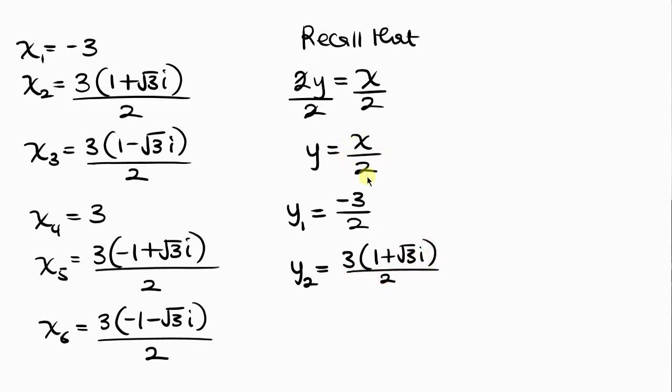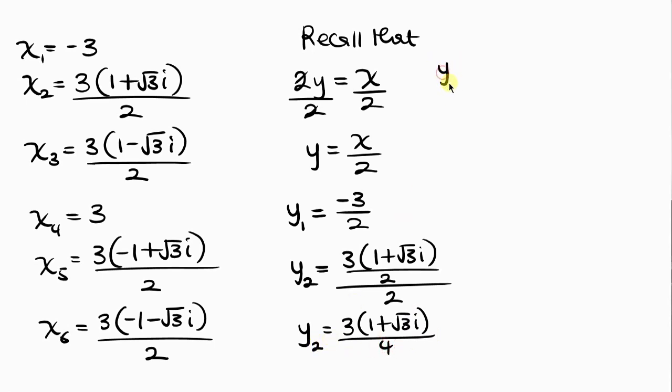Remember that this is divided by 2, so now these 2 here and these 2 are going to be multiplying since both are denominators. So 2 times 2 gives 4. So we have 3 times 1 plus root 3i all over 4. So this is the second solution for y.